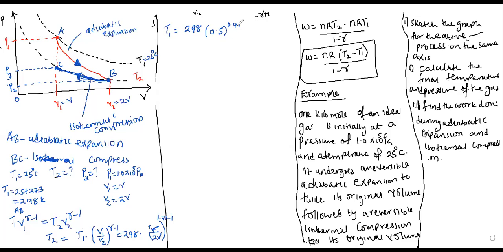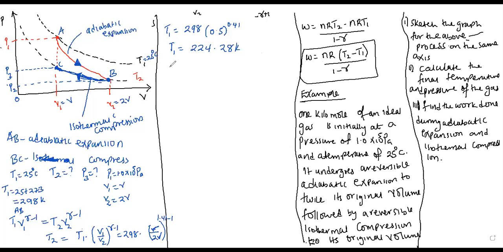That will give us the final temperature. It's an adiabatic expansion. We should press the calc. 224.28 Kelvin. So if the answer is asked for in degrees Celsius, you subtract off 273 Kelvin.